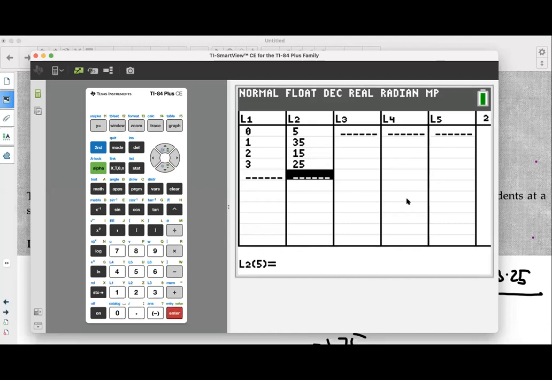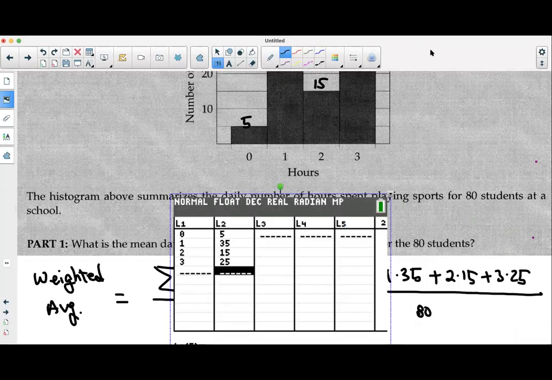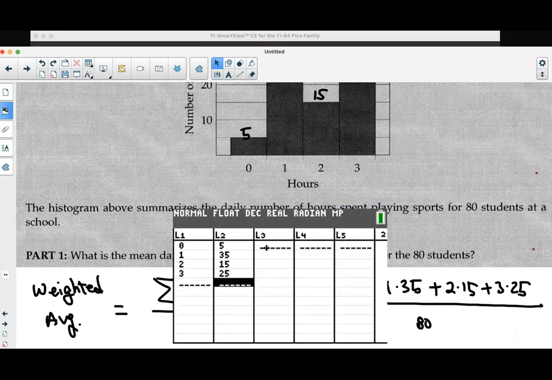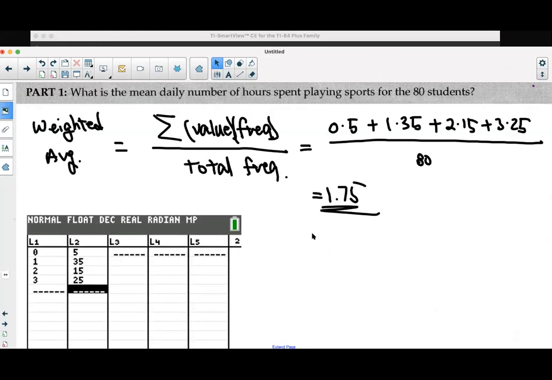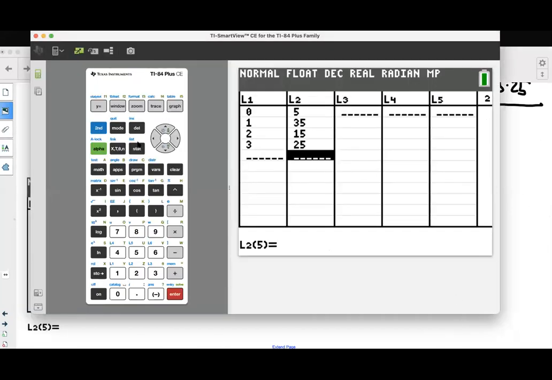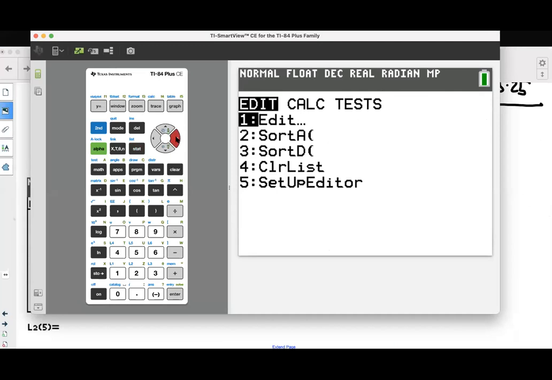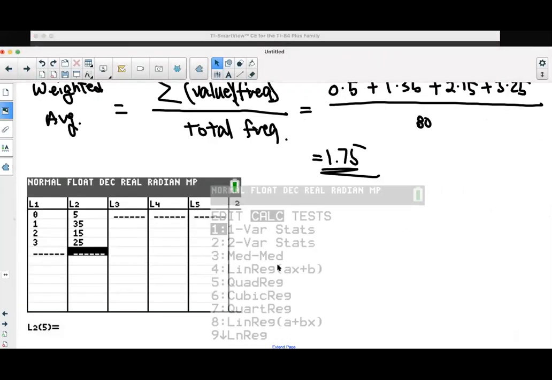Once I put them into the calculator in this way, I have to go for the stat, and this time I'm going to calculate, and 1-Var Stats. That's important.